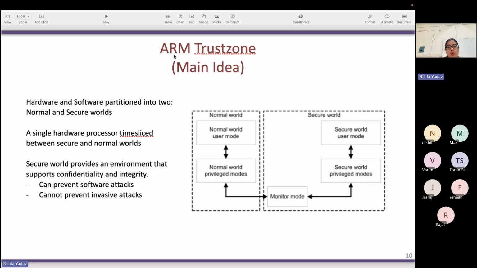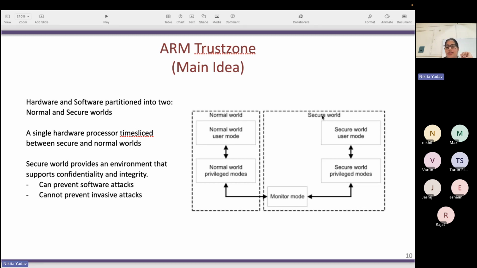Now in ARM TrustZone, the main idea is this. This is the diagram which I'm going to refer to again and again. Your ARM TrustZone hardware divides your processor execution environment into two. One is called the normal world, also called the rich execution environment.